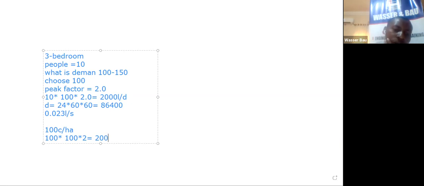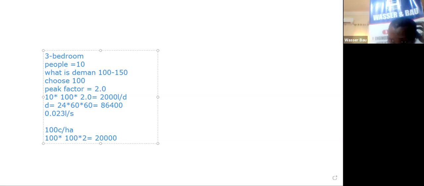That will be 20,000. So 10 units of bedrooms is the same thing as saying 100 persons per hectare somehow. Is that understood? Any question? Okay, let's go back to the Excel.